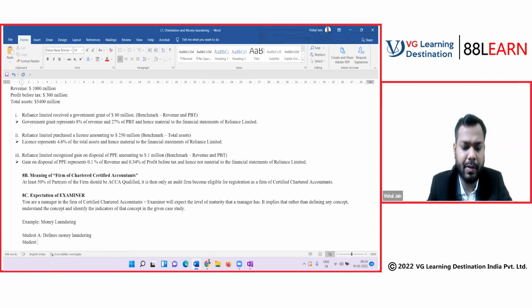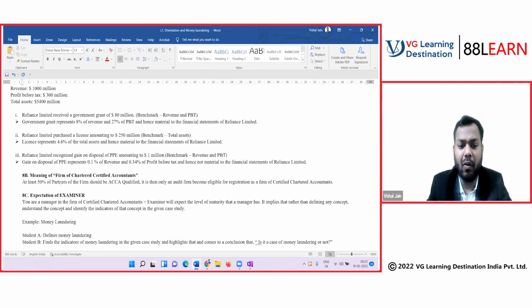Student B finds the indicators of money laundering in the given case study, highlights them, and comes to a conclusion: is it a case of money laundering or not?